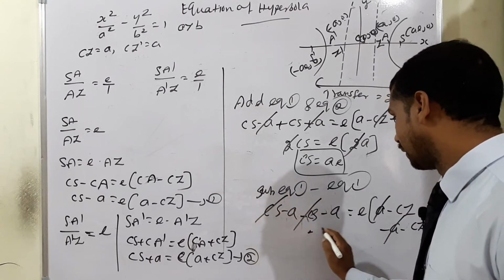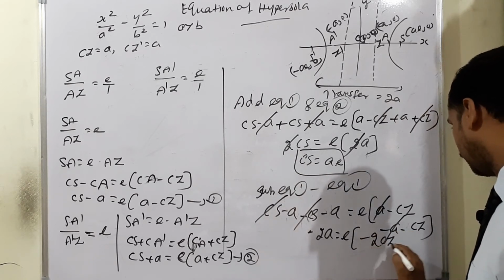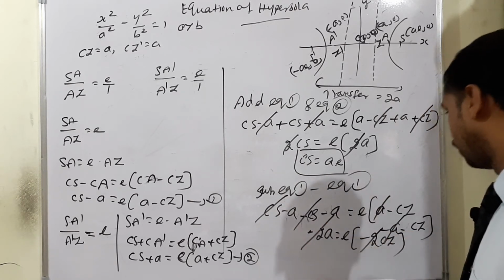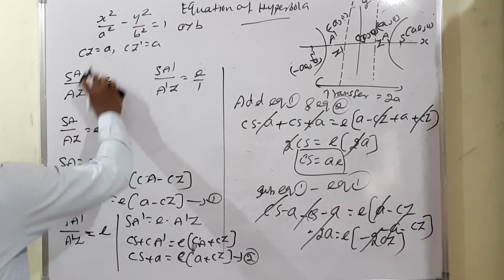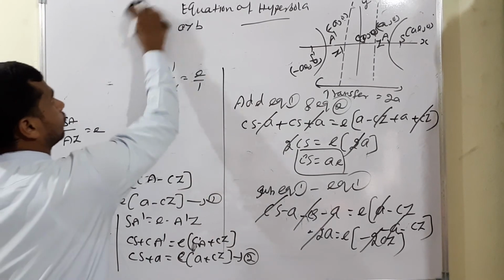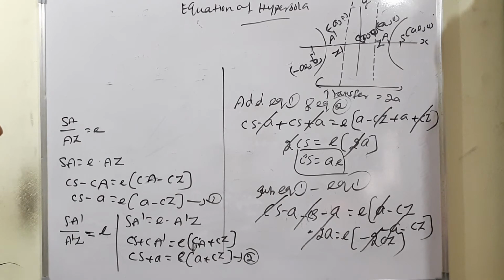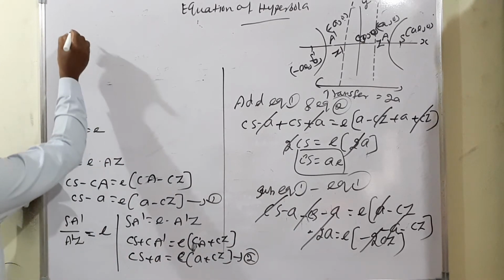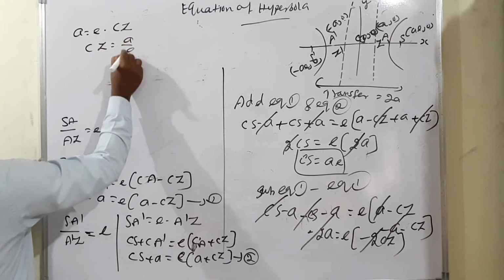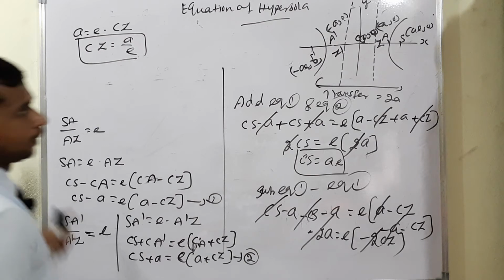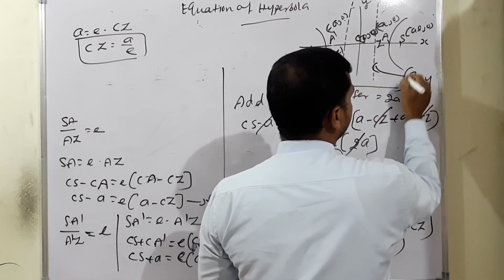CS minus CS cancels, leaving minus 2A is equal to E into minus 2CZ. The minus 2 cancels, so A is equal to E into CZ. Therefore CZ is equal to A by E. This is the directrix point, A by E comma y.